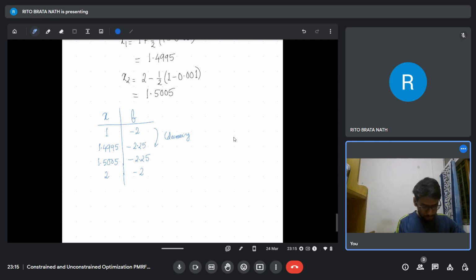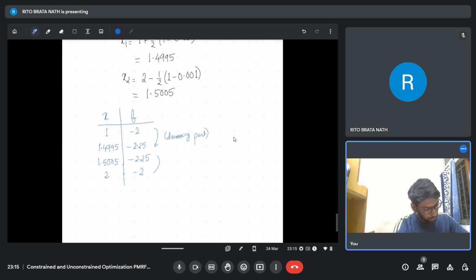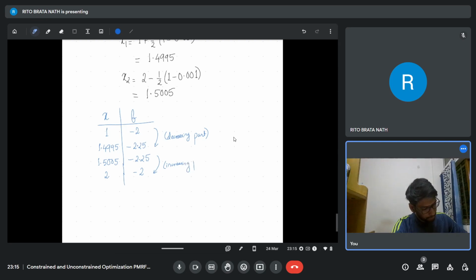Okay, just a minute. This part is the increasing part, and in between those two are equal, right? So from this you can say for certain that the minimum lies within 1.4995 and 1.5005, and you can discard the intervals.